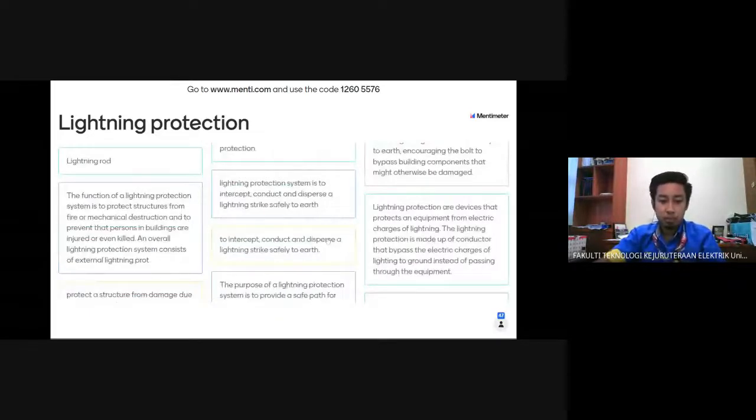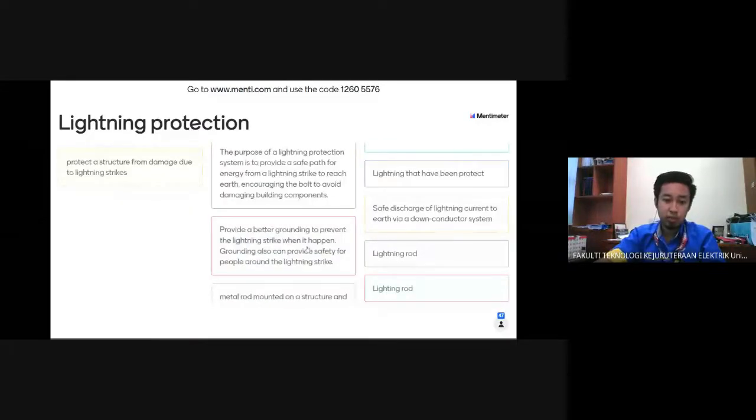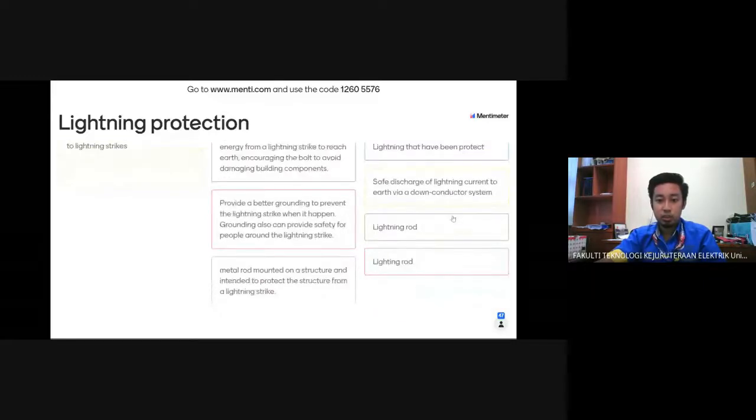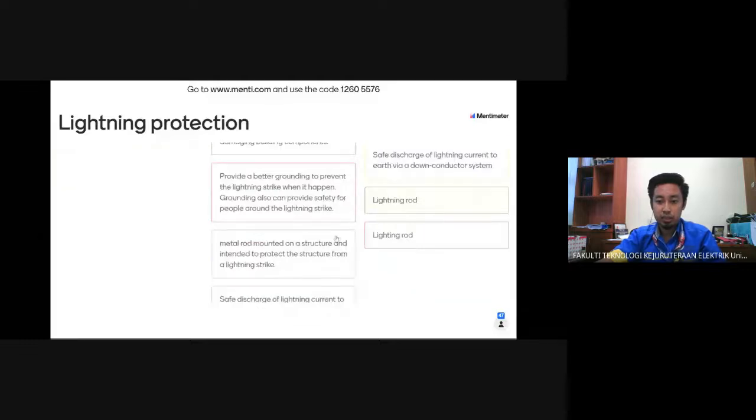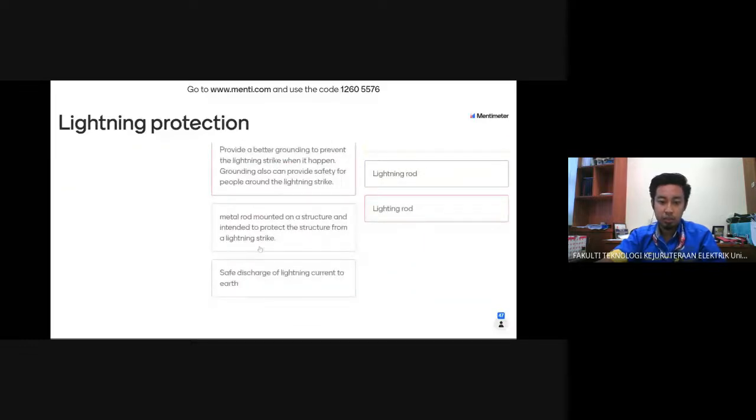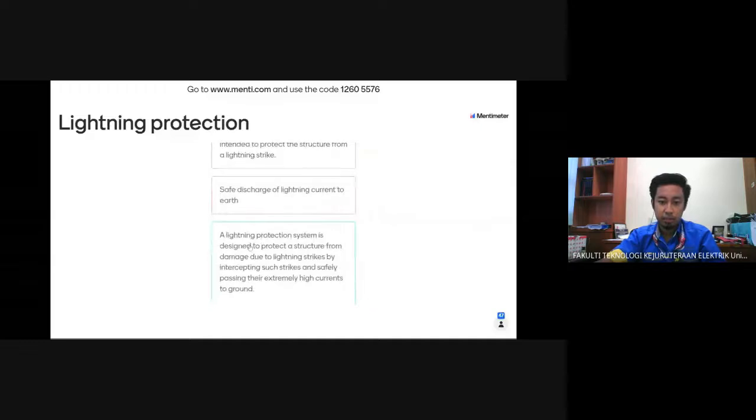Provide a better grounding to prevent lightning strike when it happens. Grounding can also provide safety for people around the lightning strike. Safe discharge of lightning current to the earth via the down conductor system. Okay, good, thank you for your answers.